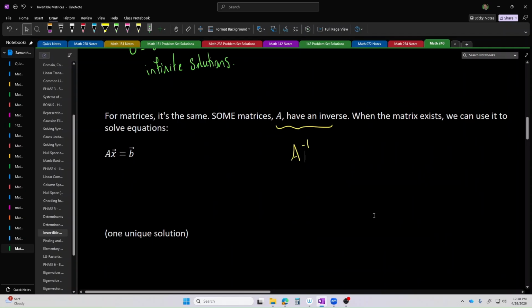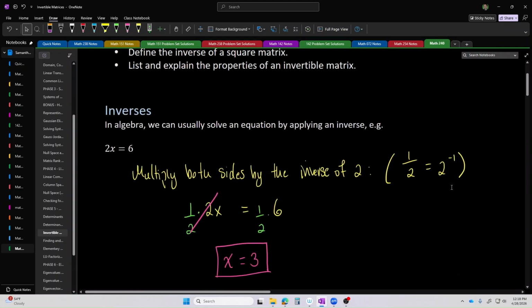If you have a matrix A that has an inverse, then you can use it to solve equations, the same way that we use the inverse of 2 to solve this equation.